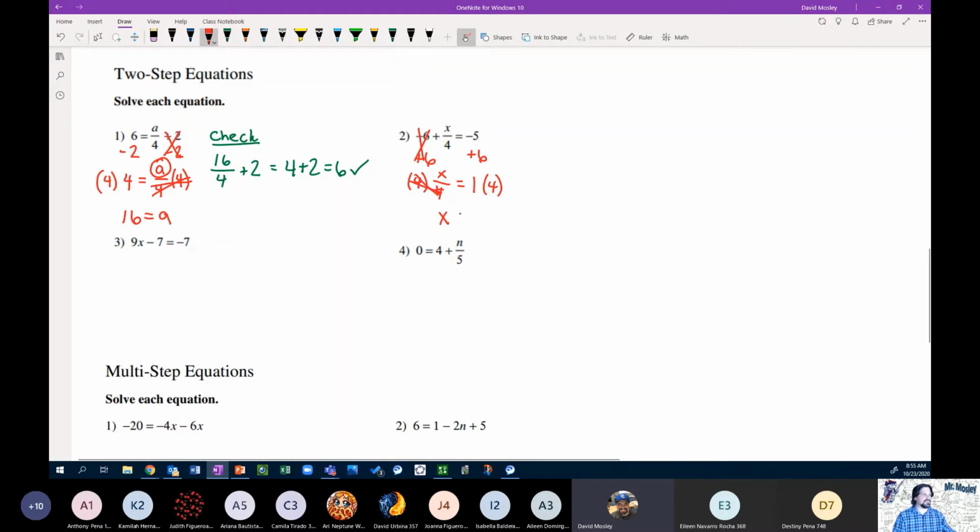We're left with x equals 4. Once again, we will check our work. We have negative 6 plus 4 divided by 4. Negative 6 plus 1 equals negative 5. And that's what we wanted. Okay, any questions so far?